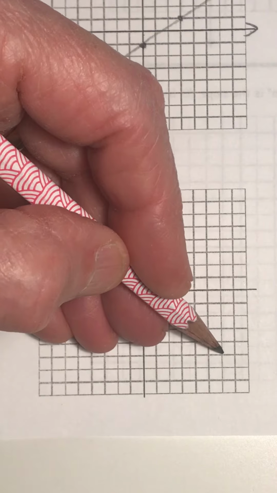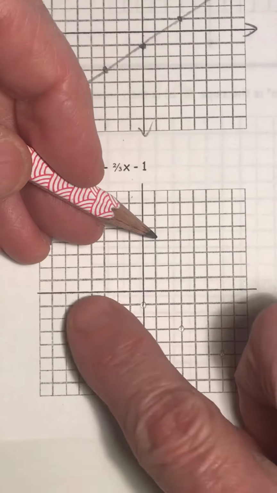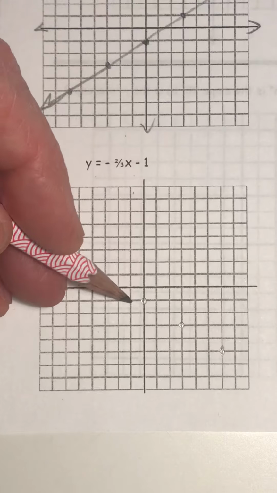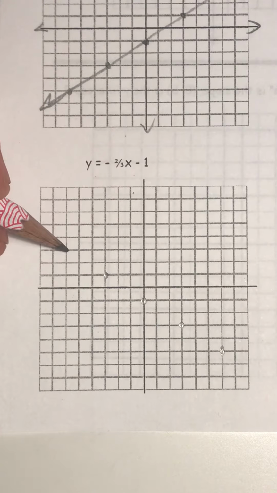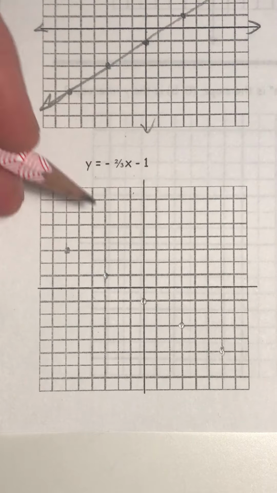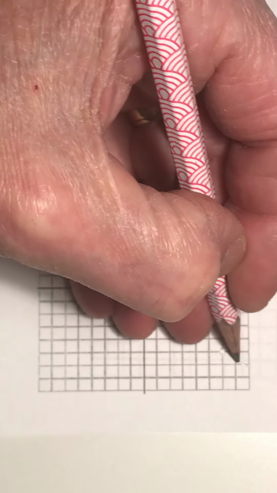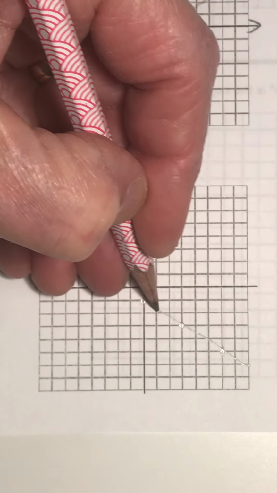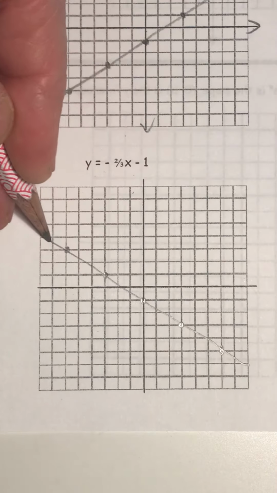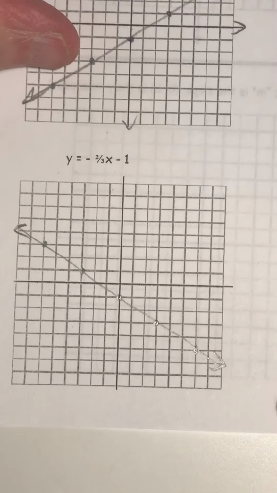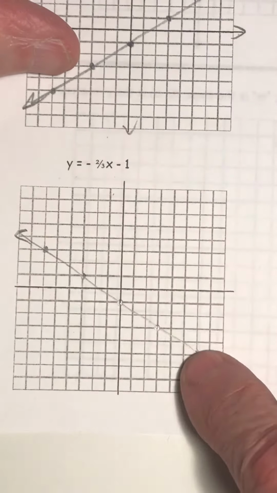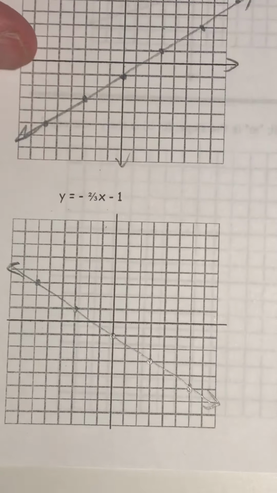Down 2 over 3, that's what a slope of -2/3 looks like. I could also go up 2 and to the left 3. And I connect those points as accurately as I can with my drawing skill. There's the graph of y equals -2/3 x minus 1.